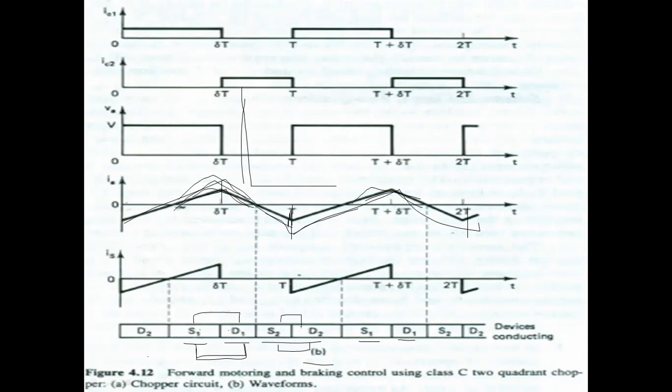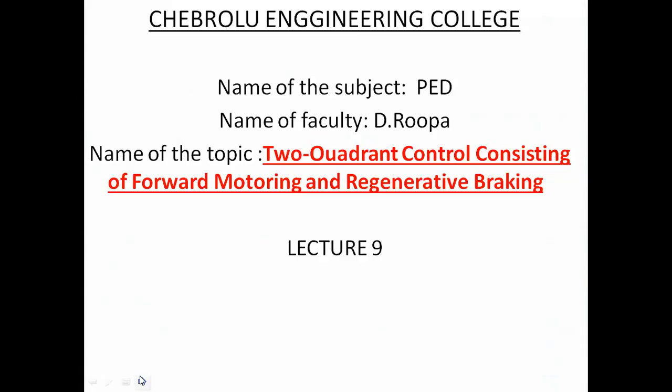We are expecting very low torques if all the devices are conducting. So this is the two quadrant operation of forward motoring and regenerative braking.